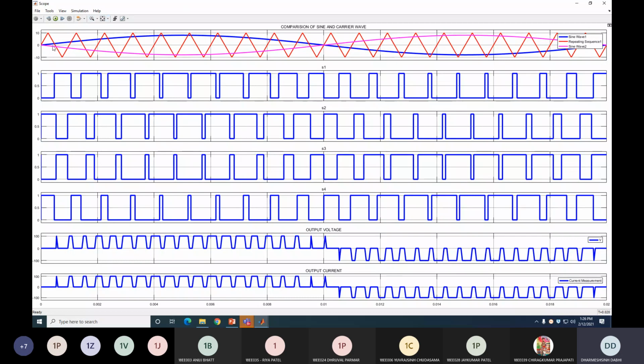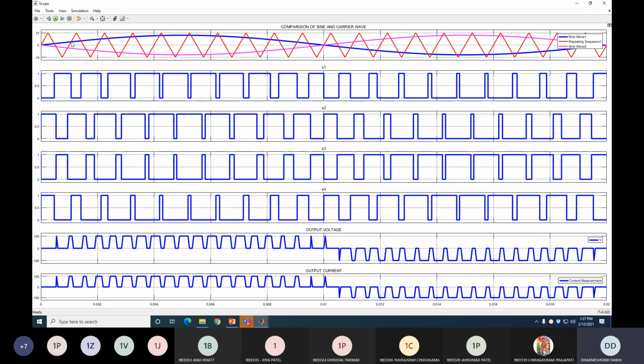So you can see that the first axis shows the combination of 3 waveforms. One is the positive sine wave, this is the inverted sine wave and this is a triangle. So all are combined in the same axis. Now the logic we use to generate the gate pulse for switch 1 is when the sine wave is more than the triangle wave.